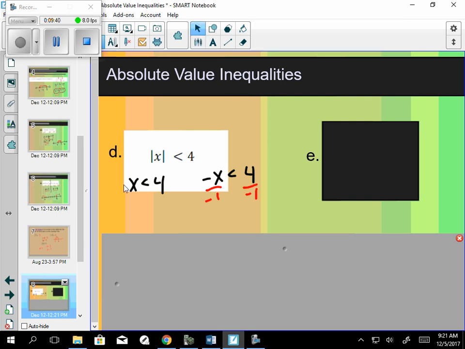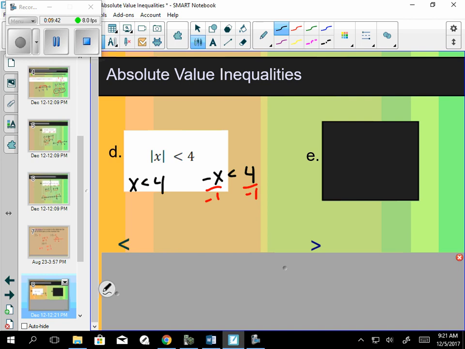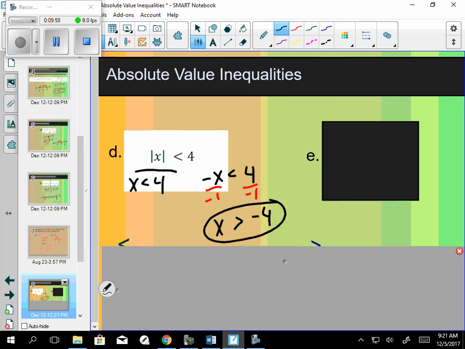But the one thing you got to be careful of now, we've talked about dividing with these symbols again. These negatives cancel out. This is going to be x. 4 divided by -1 is -4. But the other thing, anytime you divide or multiply by a negative with inequalities means you got to switch the sign. So the numbers less than 4 and greater than -4 would make this true.